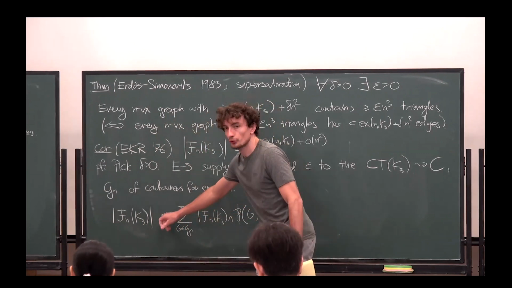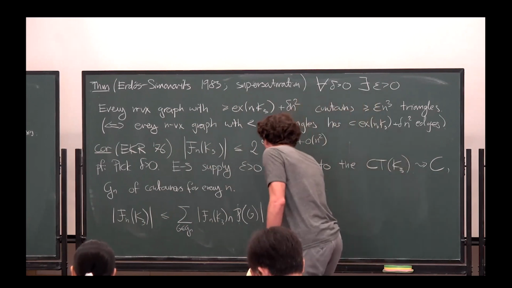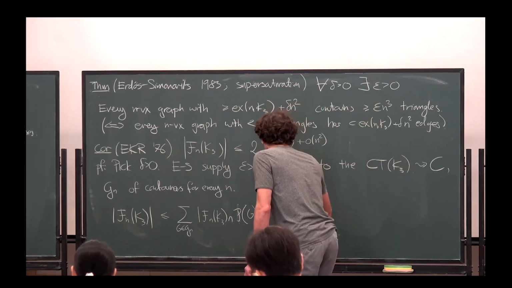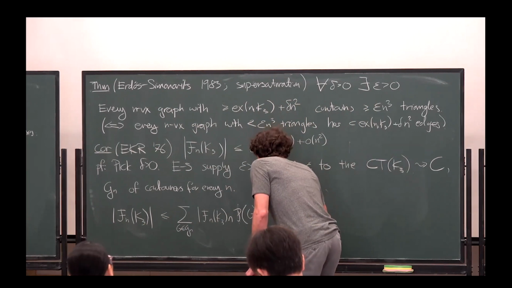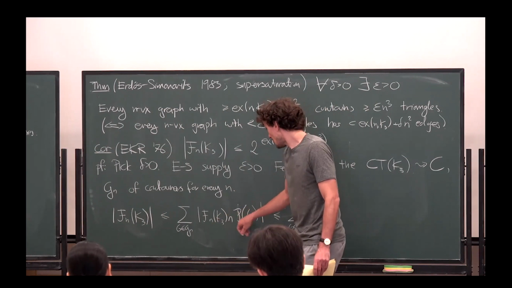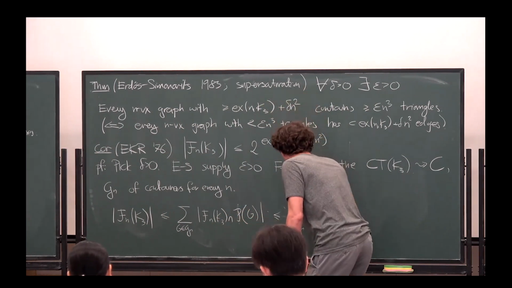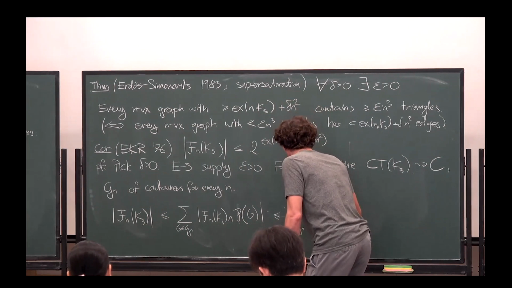And we're sure that we cover each of them at least once. And here, let's now forget that these were triangle-free graphs and just upper bound by the number of all subgraphs of G. So it's 2 to the number of its edges.